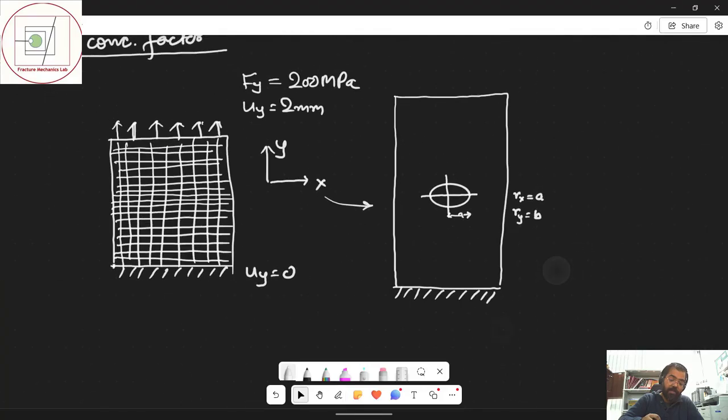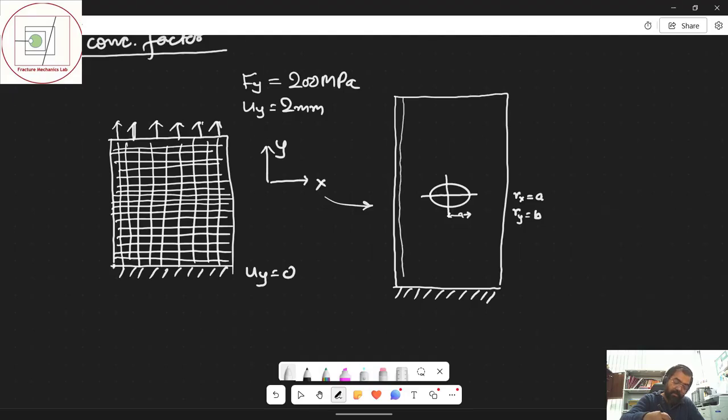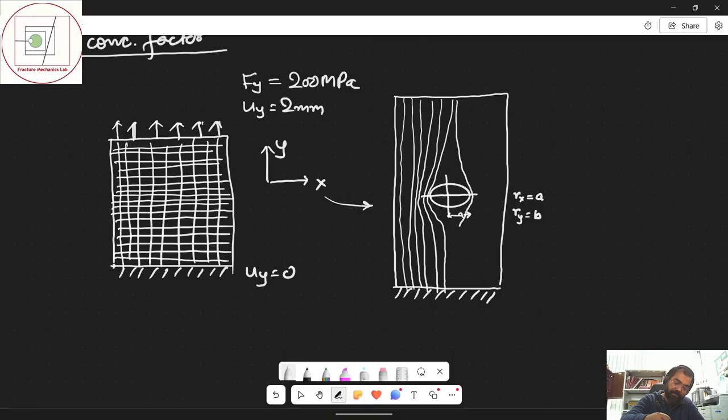You can visualize which one is B, and when A is equal to B, it becomes a circle. So now again imagine this wired structure, and these lines you can imagine to be lines of force like in magnets. Away from the hole, these lines pass as they should, but as you come closer to the crack tip or the elliptical hole, these wires, like a curtain, assemble at the tip of the ellipse.